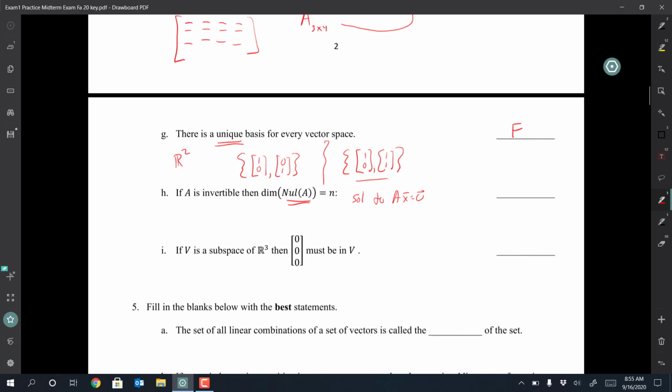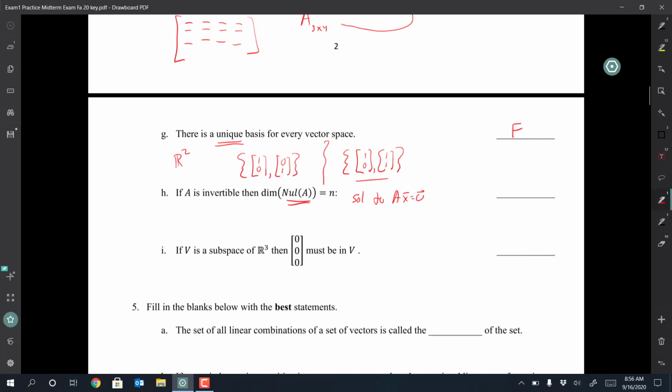If we thought about what a solution to this might look like, we might have some real problem and we would solve it, and let's say there were two free variables, then our solution would look like this, x2, x3. And in that case, we'd have two vectors in the basis for the null space. So we have a basis vector for every free variable for our null space. So the dimension of the null space can be determined by finding the number of free variables.